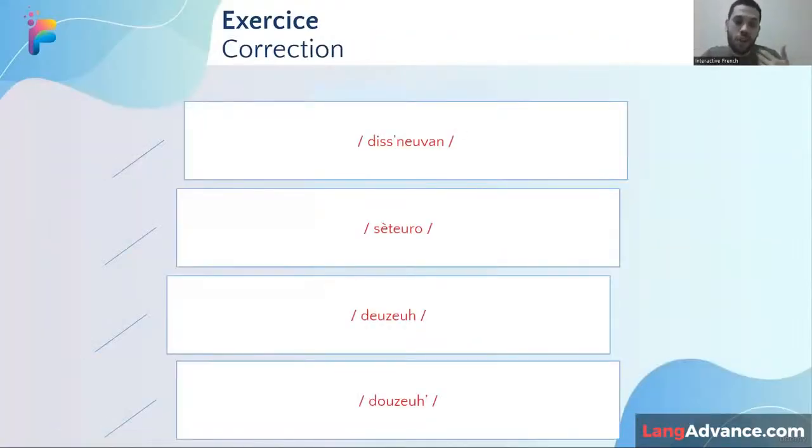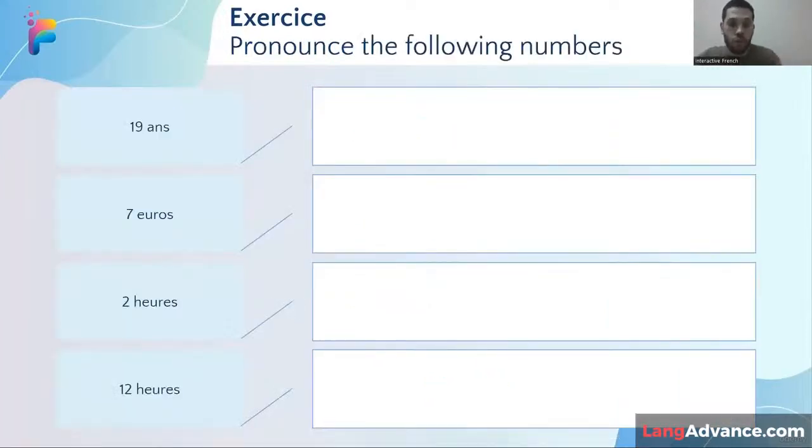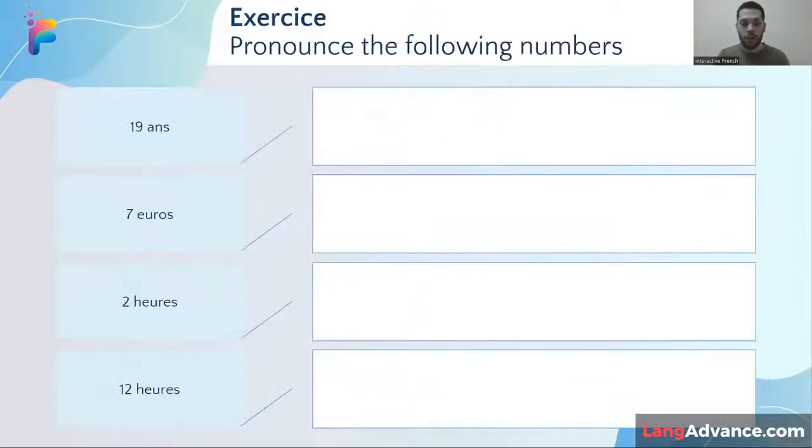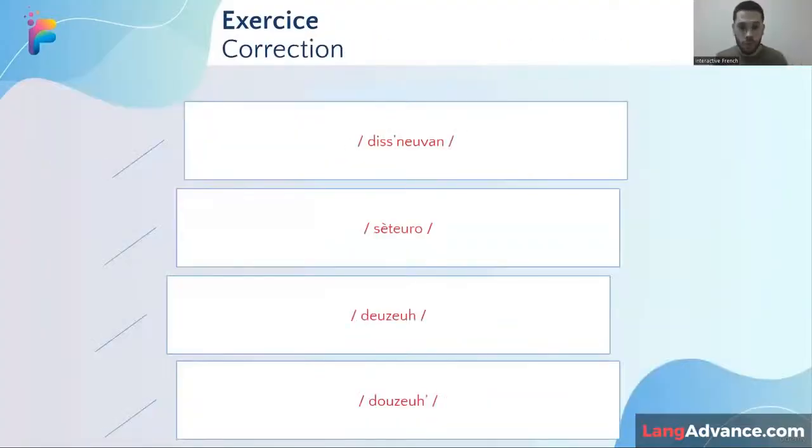Yes, 7 euros, so the liaison with the T. Then we had 2 heures. 2 heures, so with the Z sound, if you have the X, the X would turn into a Z sound. And then finally, we had 12 heures. 12 heures, for 12 o'clock.